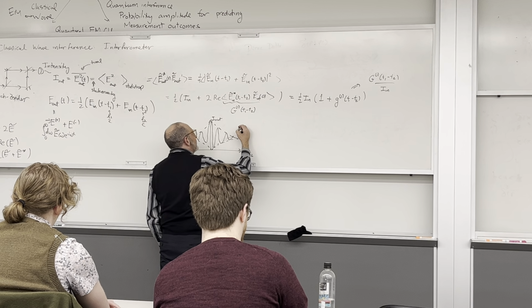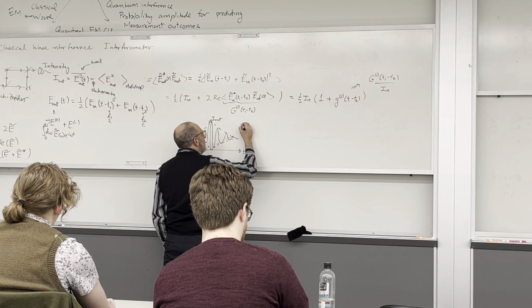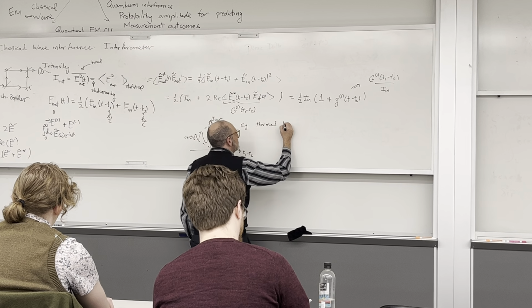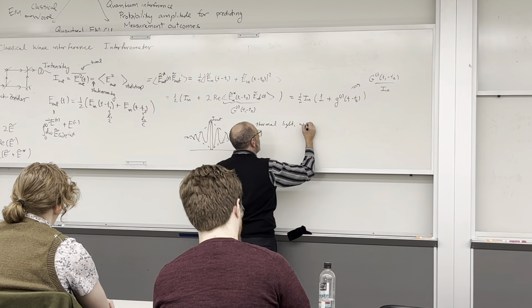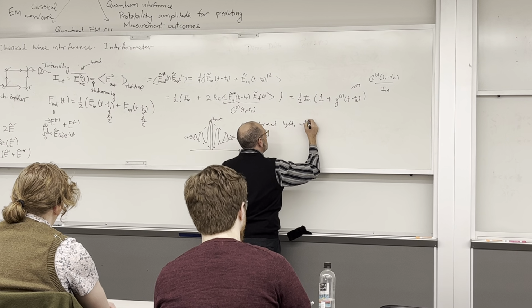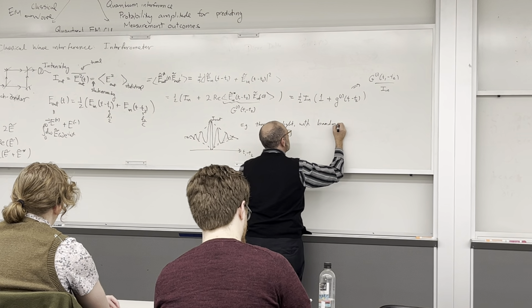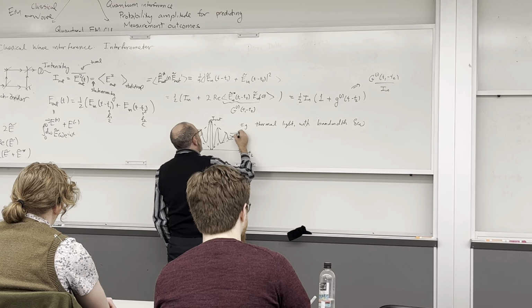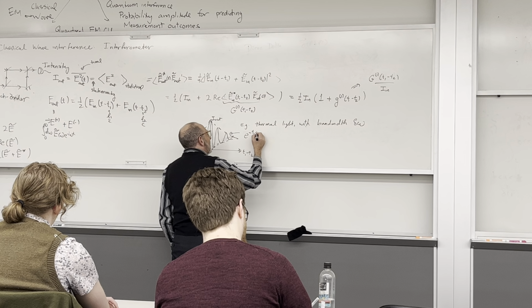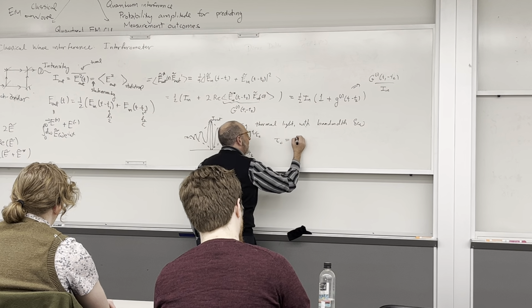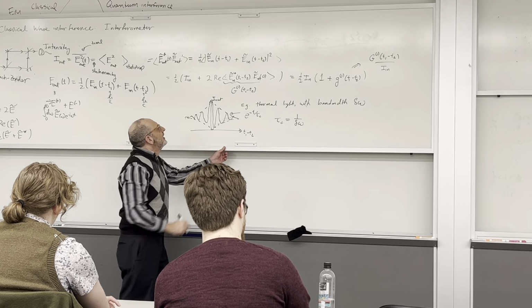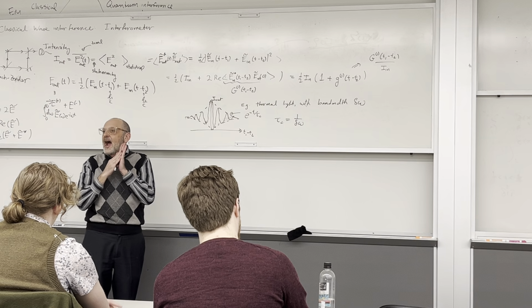This might be the interference pattern for, e.g., thermal light with bandwidth delta omega, where this falls off with some coherence time that's inversely related to the bandwidth, and there might be some carrier frequency.